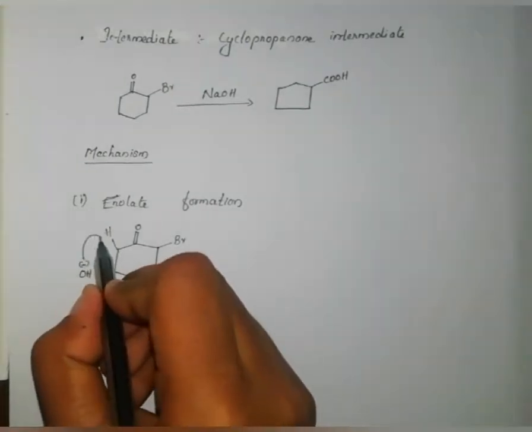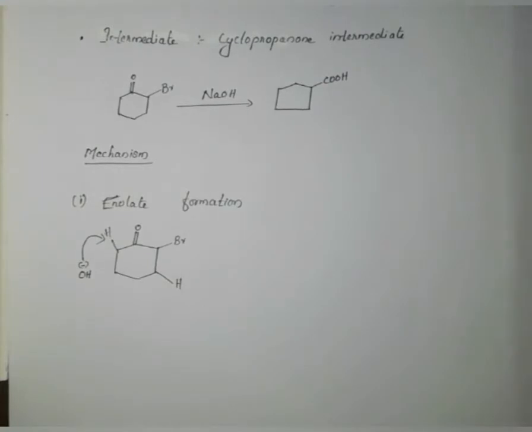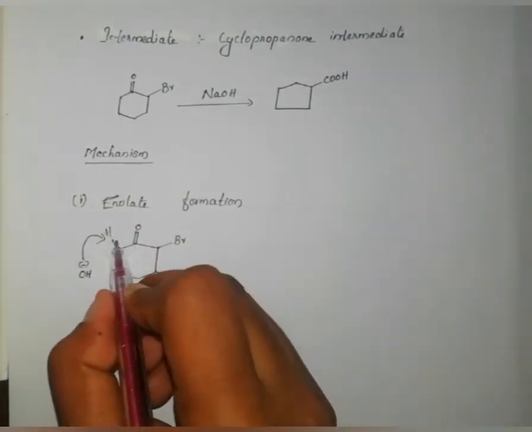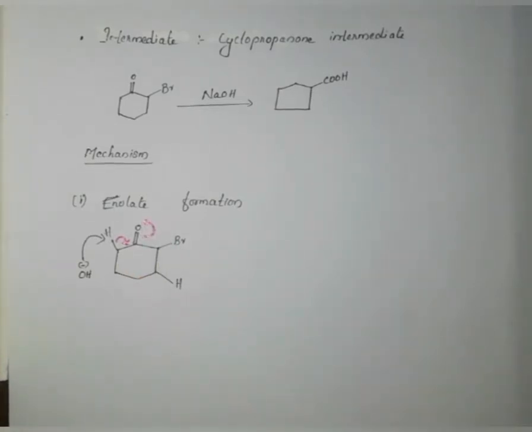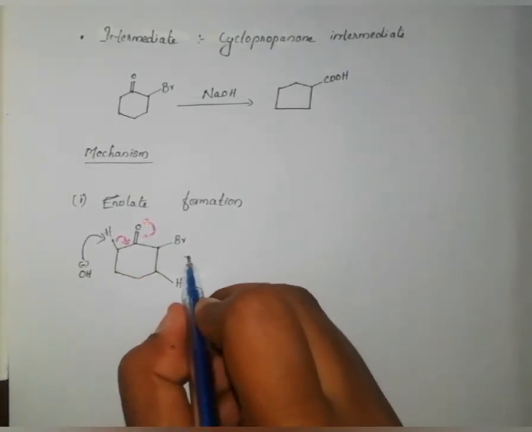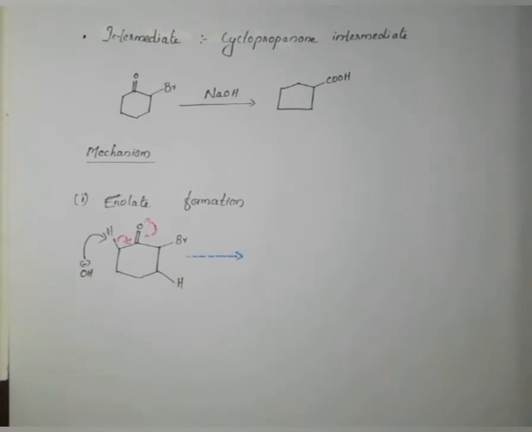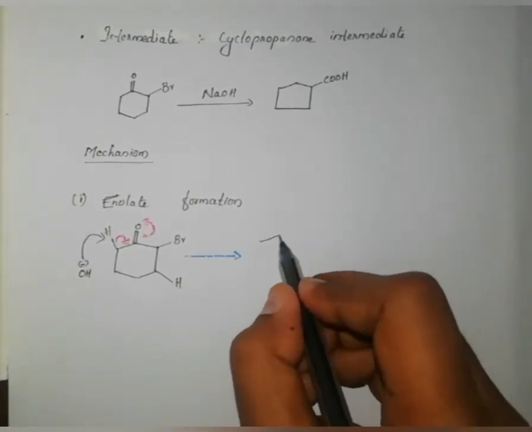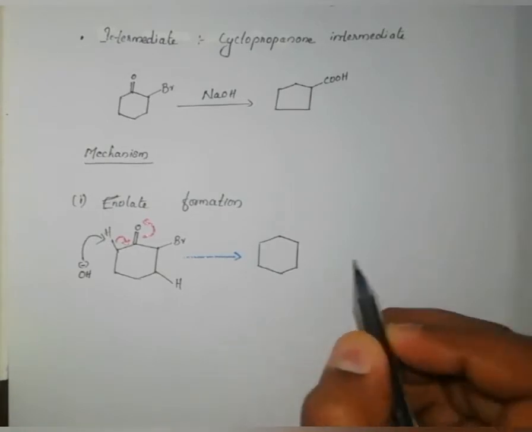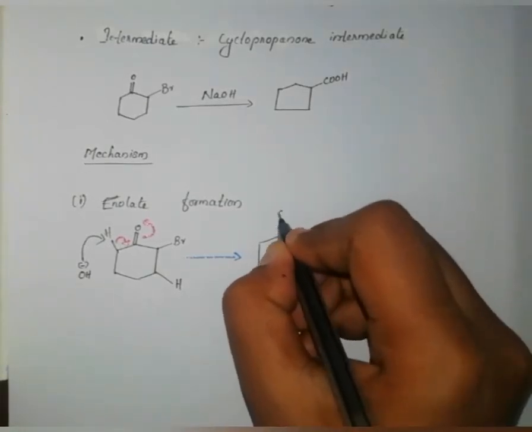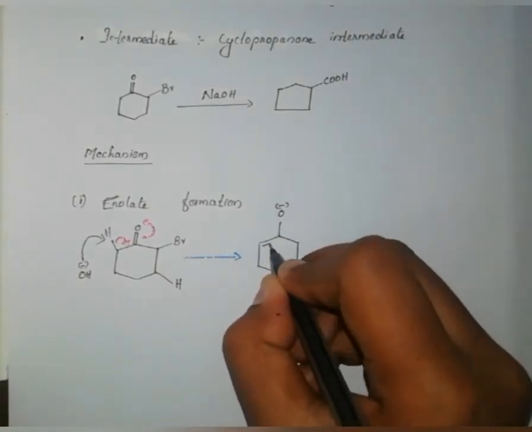Okay, so it gets abstracted, and this bond is shifted to this side and this is shifted to this side, and the oxygen becomes O minus.